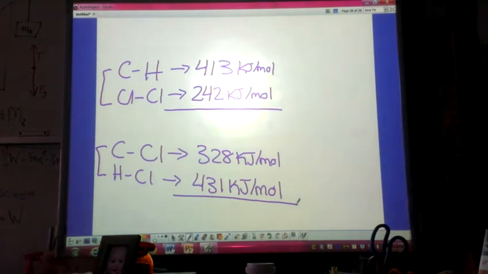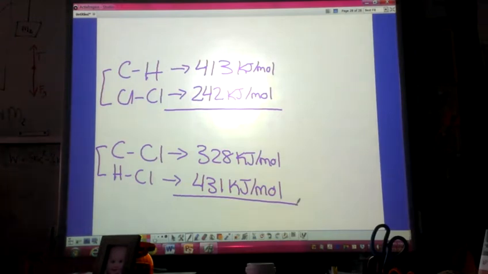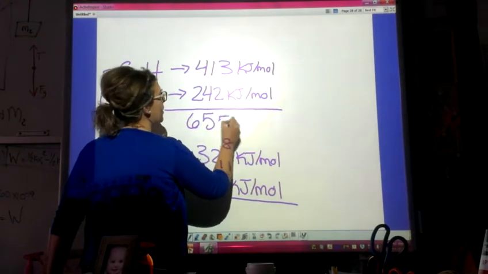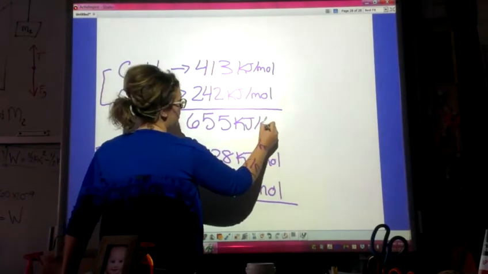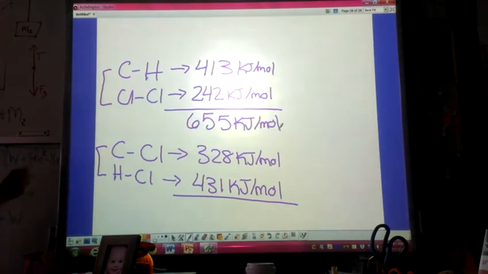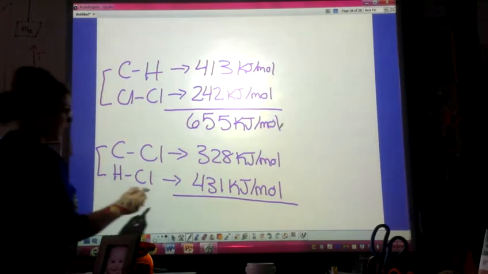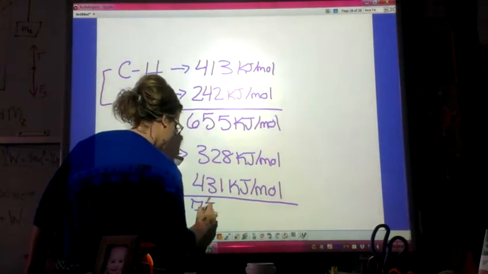For the bonds that I broke, I should get 655 kilojoules per mole. So this is what I broke. And then if I did the 328 plus my 431, that should give me 759 kilojoules per mole.